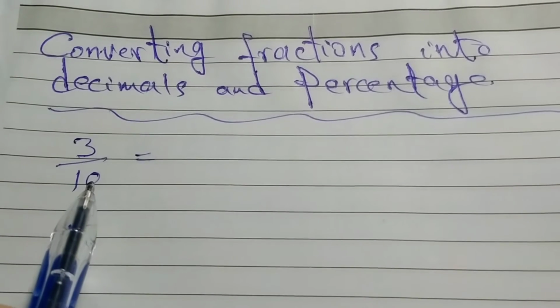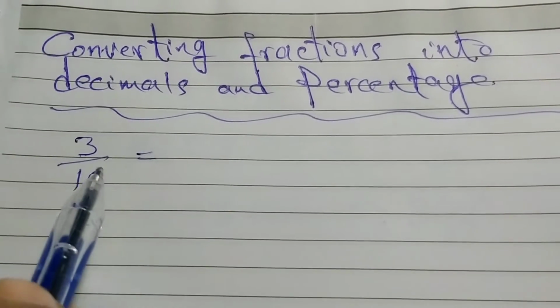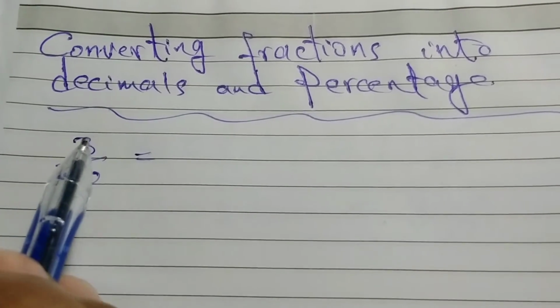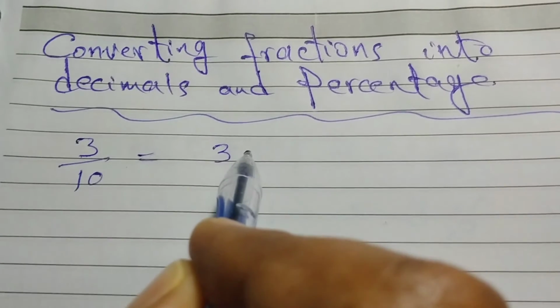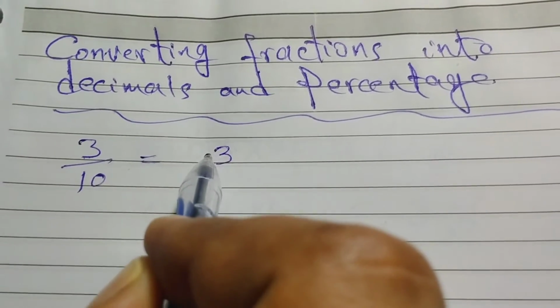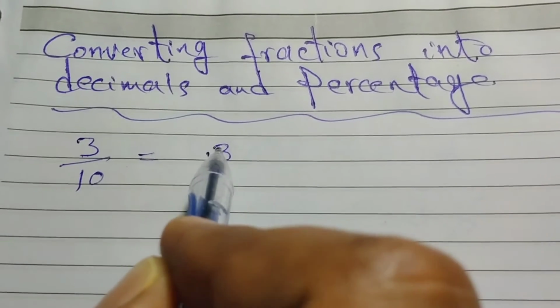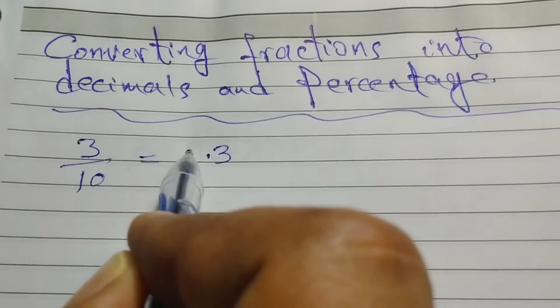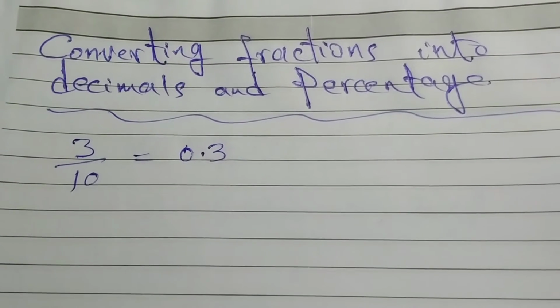There is only one 0, so we will put the point in the numerator, one digit from the right side. There is only one digit, so I put the point before 3. So it will be 0.3. This is our answer.